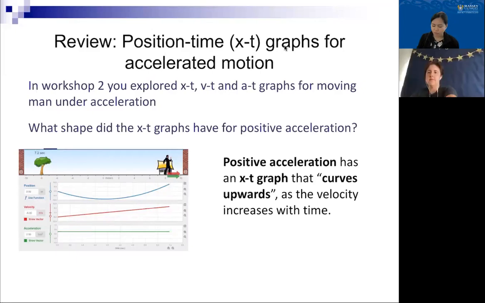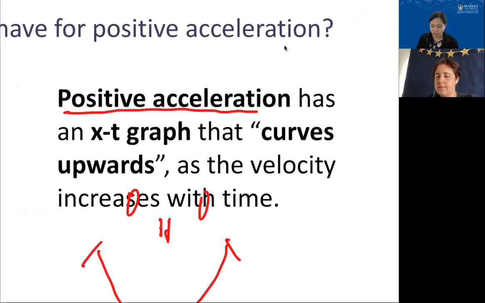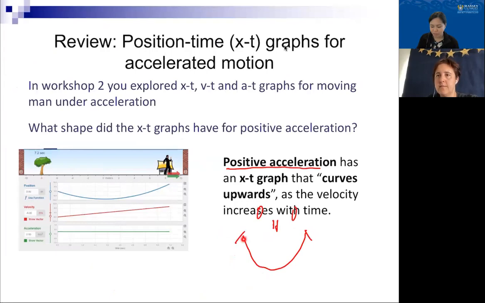So one way to remember this is a positive acceleration gives you sort of a smiley face. Right? Being positive, you're smiley. So a positive acceleration corresponds to a position time graph that's sort of smiling, curved upwards.